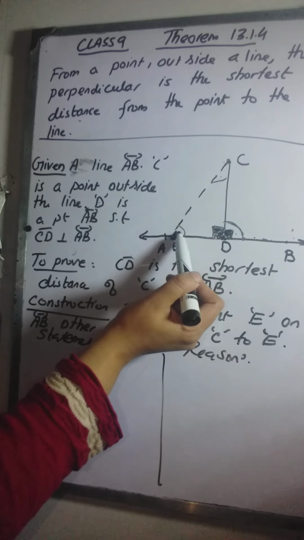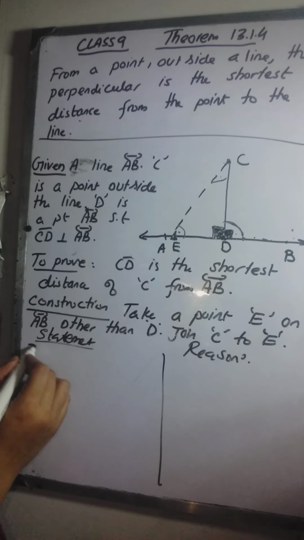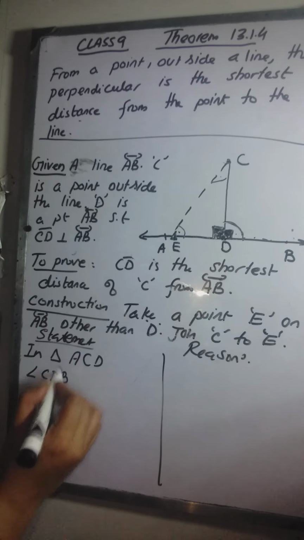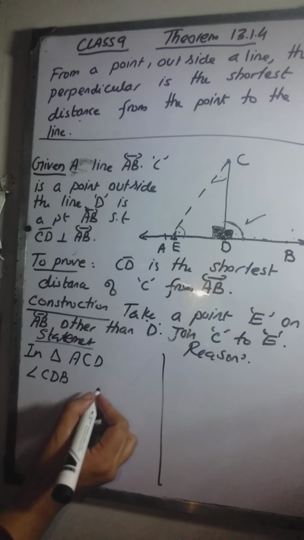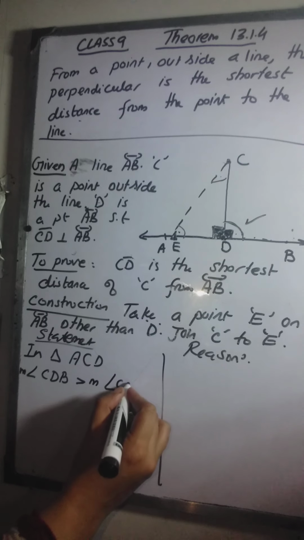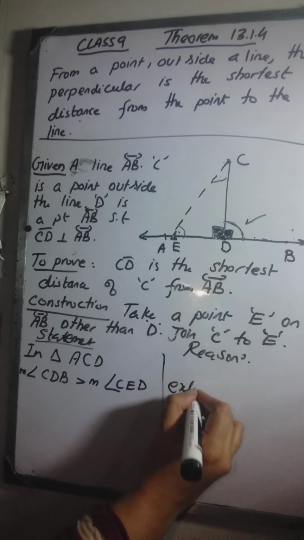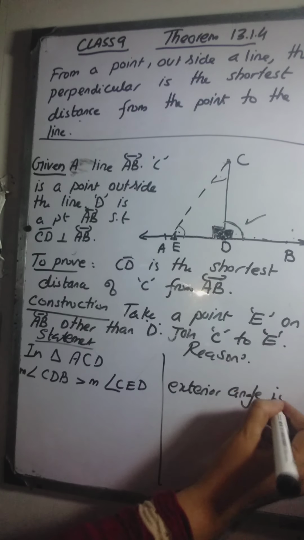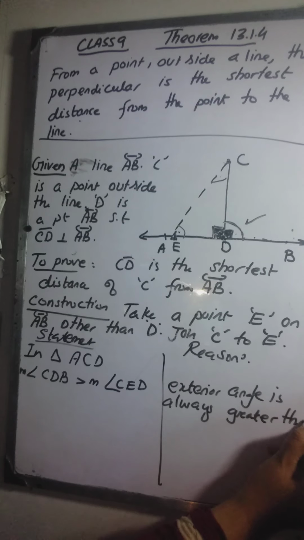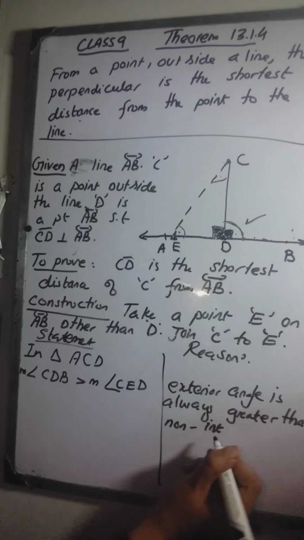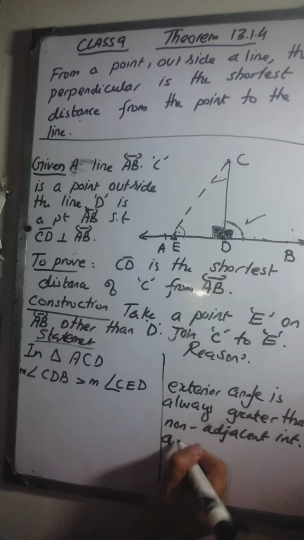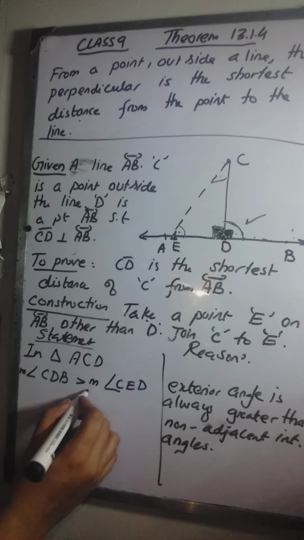It means this angle CDB will be greater than angle E. Okay, in triangle ACD, measurement of angle CDB will be greater than measurement of angle CED, because the exterior angle is always greater than non-adjacent interior angles. Okay, name this as 1.